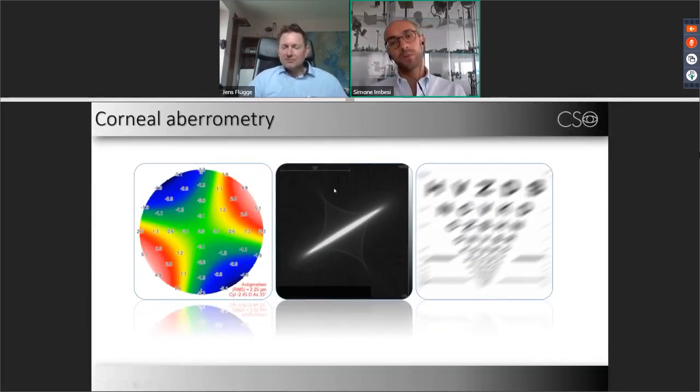Starting from astigmatism, this is an aberration that occurs mainly when the two main meridians of the cornea have different power, okay? This is the visual outcome of an eye, or in the case of topography, of a cornea affected by astigmatism.